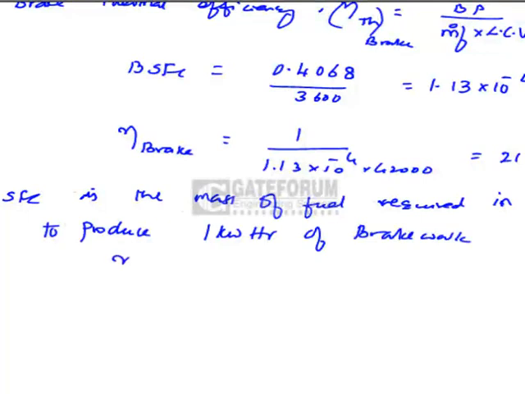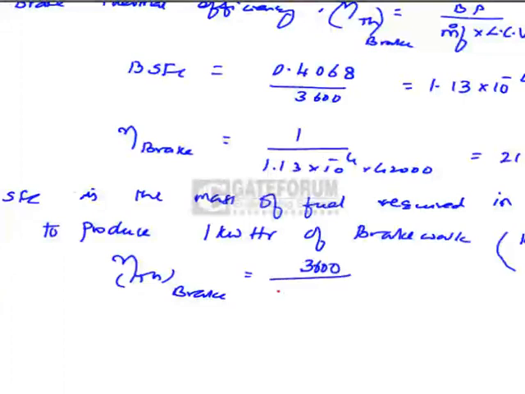Therefore, brake thermal efficiency: 1 kilowatt hour is equal to 3600 kilojoules. That much brake work is produced.